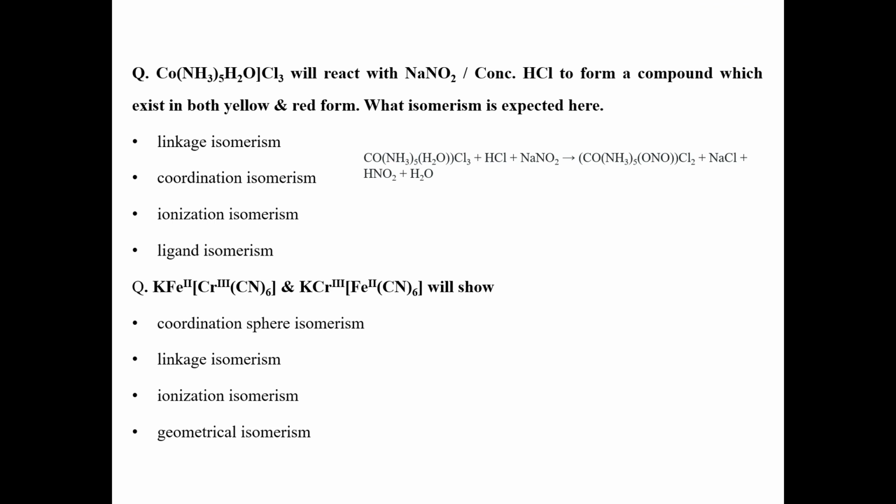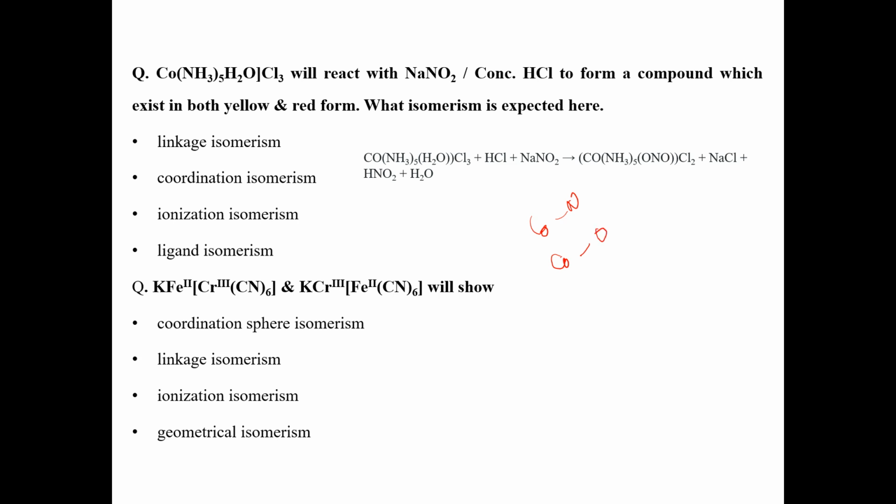Okay, so there is one complex that reacts with NaNO2 in the presence of concentrated HCl to form a compound which exists in both yellow and red form. So what isomerism is expected here? Basically this coloration depends upon the metal ligand bond, whether you have a cobalt nitrogen bond or a cobalt oxygen bond.